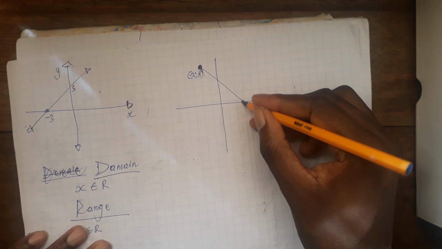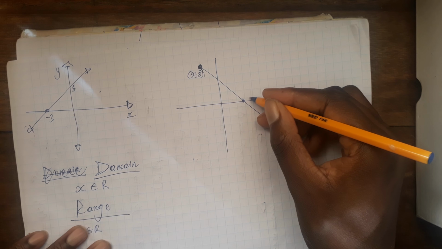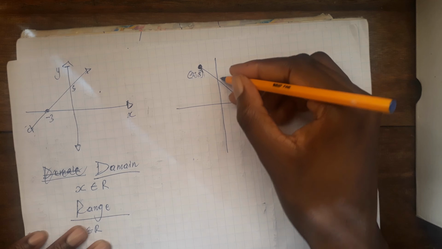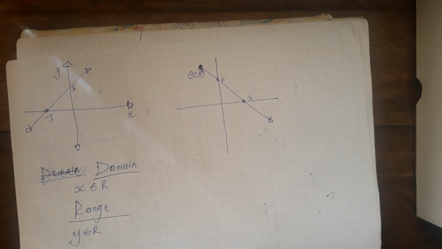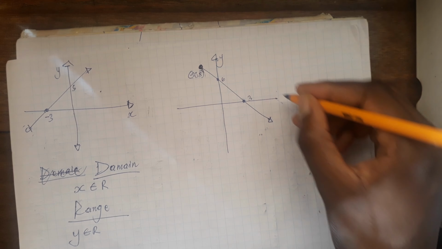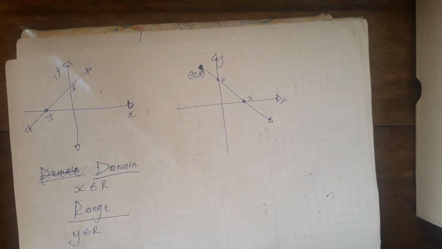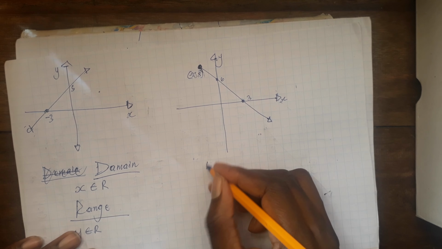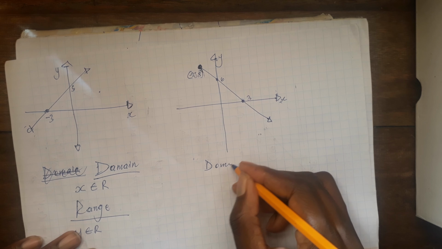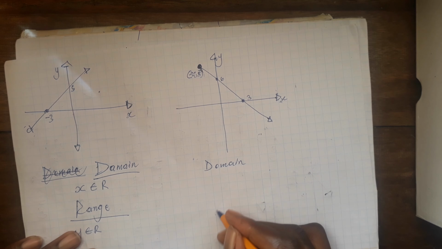This point is 3. This is 6 maybe, x, and then they say determine the domain of this function and the range. Domain, range.